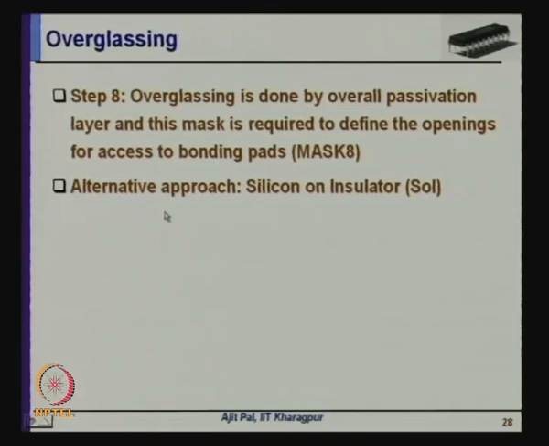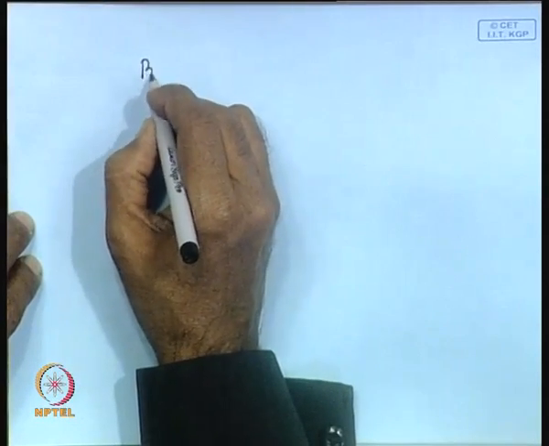Before I conclude this part, I think I should tell about another alternative way of realizing CMOS circuits, and that approach is known as silicon on insulator. So, here we have seen the conventional approach, which is also known as bulk CMOS.